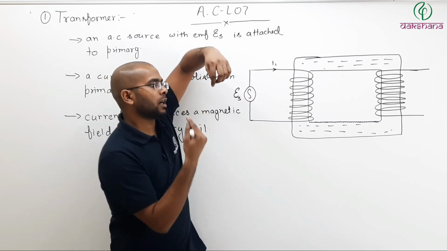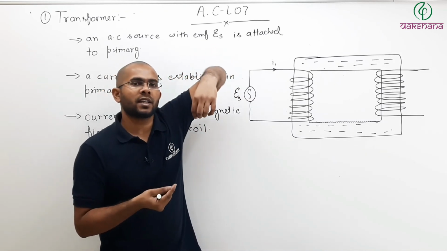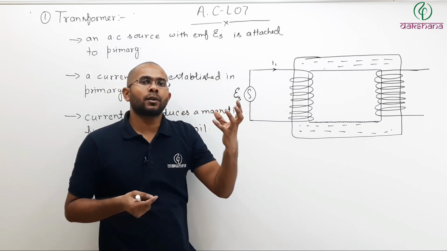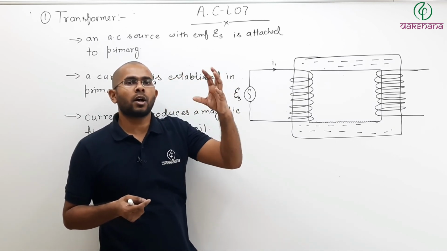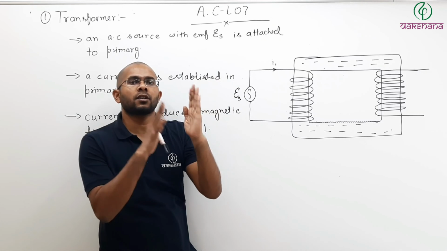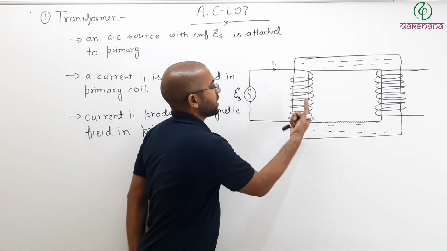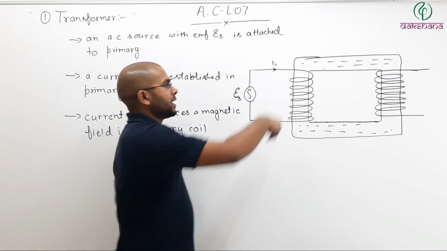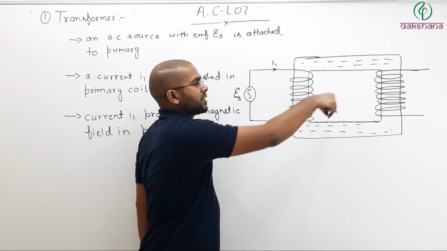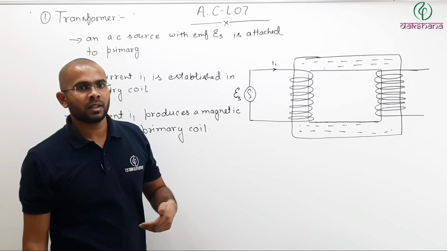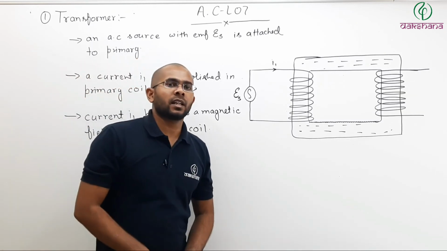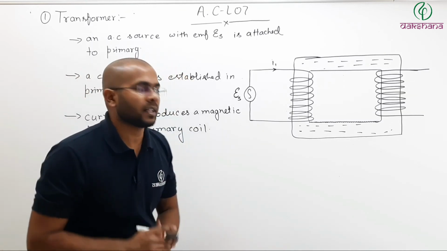So this is wound around the soft iron. This is similar to placing a soft iron rod inside a solenoid. So this coil is behaving like a solenoid and there is a soft iron material inside the solenoid. So what will happen? That soft iron material will get magnetized.